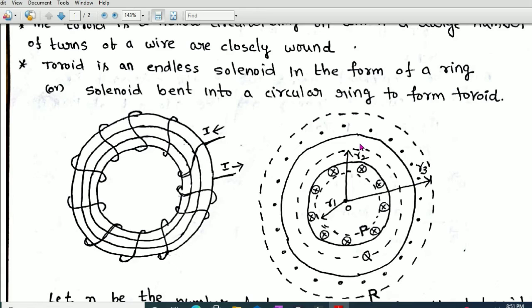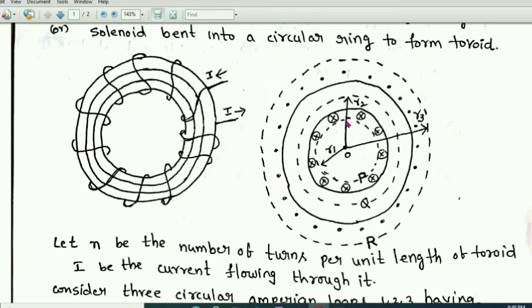The second Amperian loop is taken inside the toroid, and the third Amperian loop is taken in the free space outside the toroid. Now let us find the magnetic field at the 3 points, at point P, point Q, and point R, and let us add the 3 magnetic fields. Let us find the total magnetic field due to the toroid.